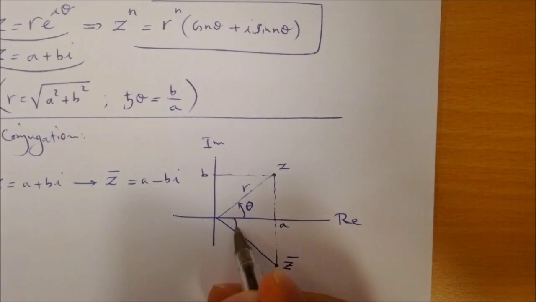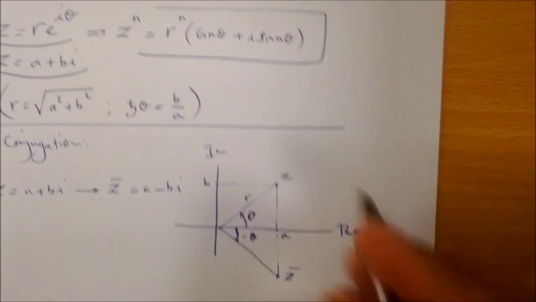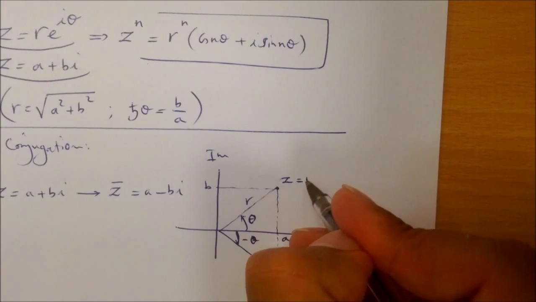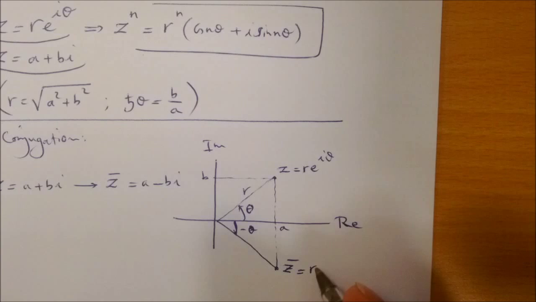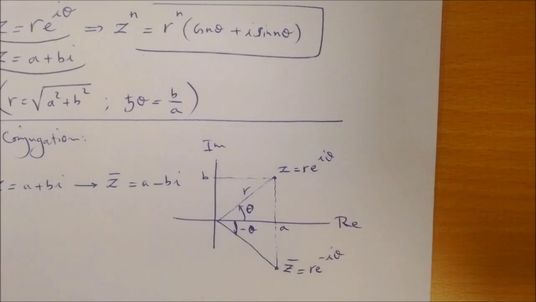So if z is r e to the power of i theta, z bar is r e to the power of minus i theta.